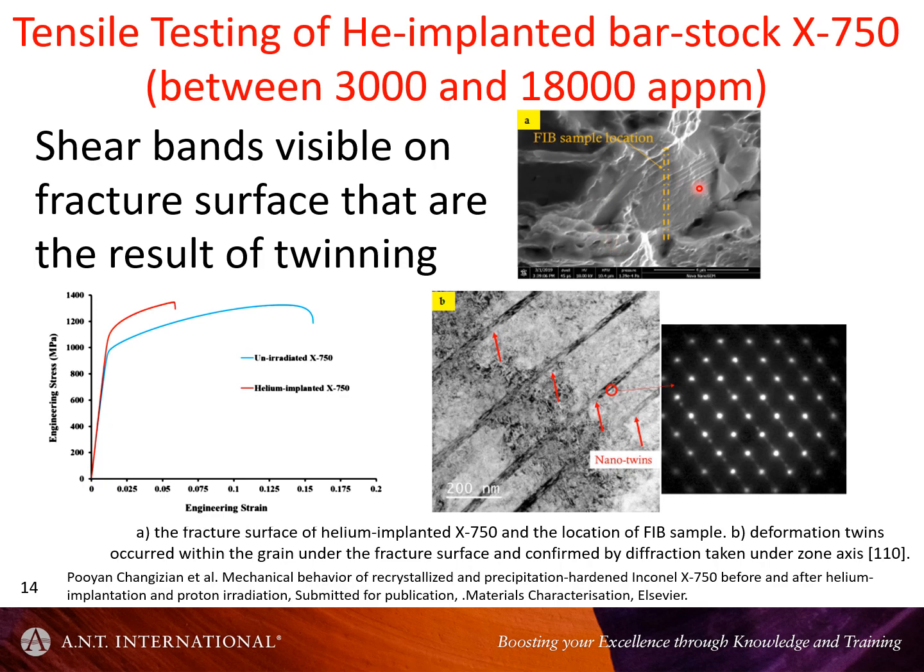And what Puyan found was that there were many steps on the surface, and these he could unequivocally associate with twins. So steps, twins, okay. He could show that they were twins, and there was a one-to-one correlation between the twinning and the channeling.